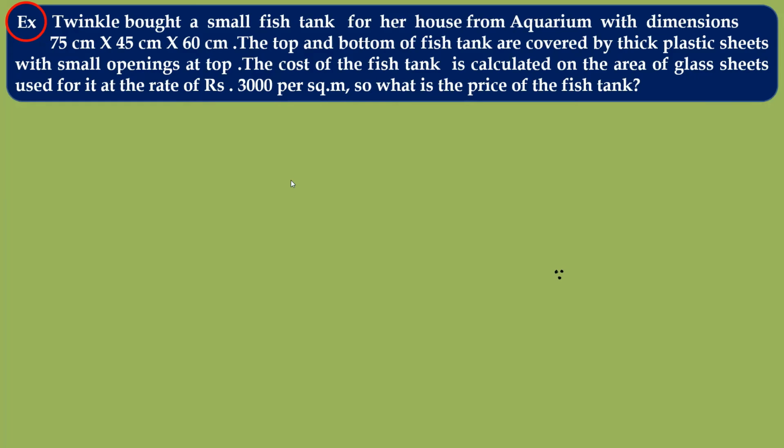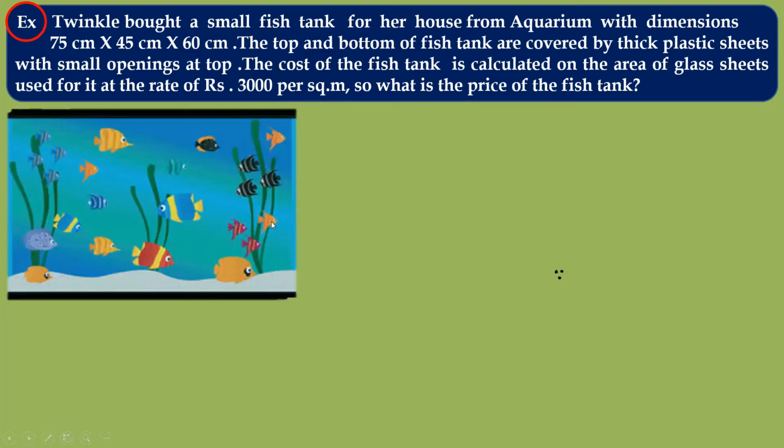Okay, this is the problem, and we can see that this problem is of cuboid, right? Because that fish tank is in the shape of cuboid. The dimensions which are given here, 75 centimeter, 45 centimeter, 60 centimeter, these are nothing but length, breadth, and height. Okay, so let us see how to solve this question.